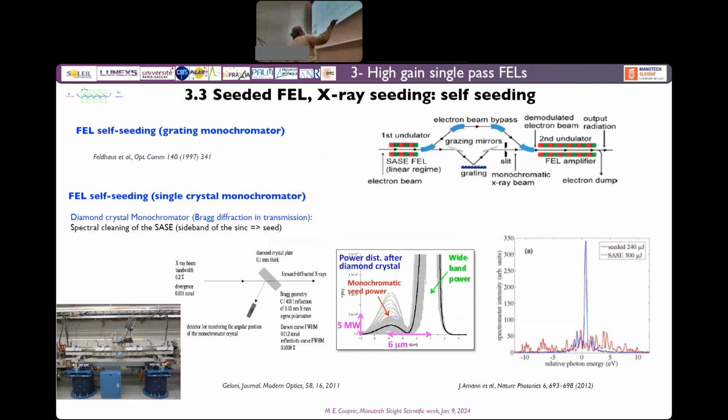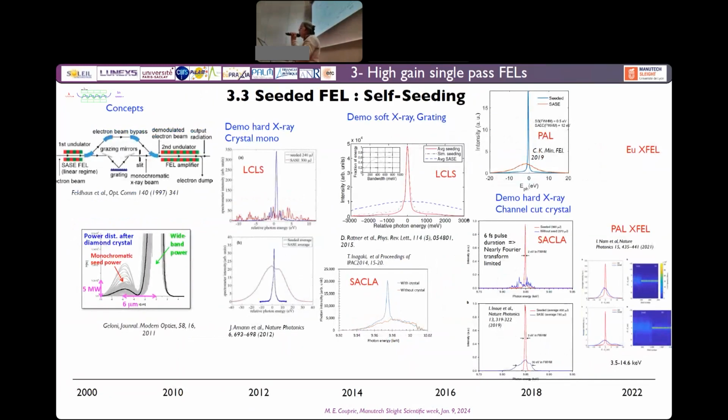And you see that they achieved a very nice self-seeded free electron laser, where again we find the characteristics of the seeded FEL, which is higher spectral density and fewer spikes. So self-seeding was first demonstrated at LCLS, and also demonstrated in the soft X-ray at LCLS, in this case with a grating, which is a bit more complex experimentally.